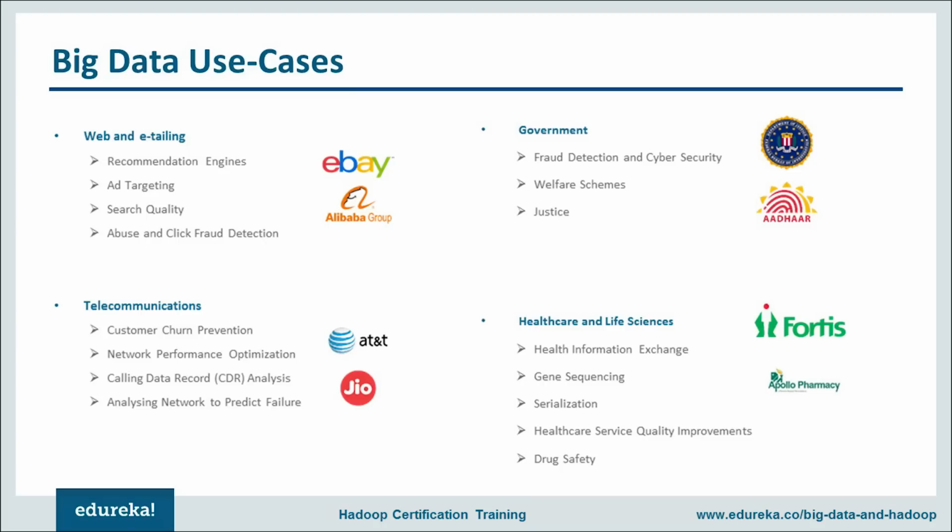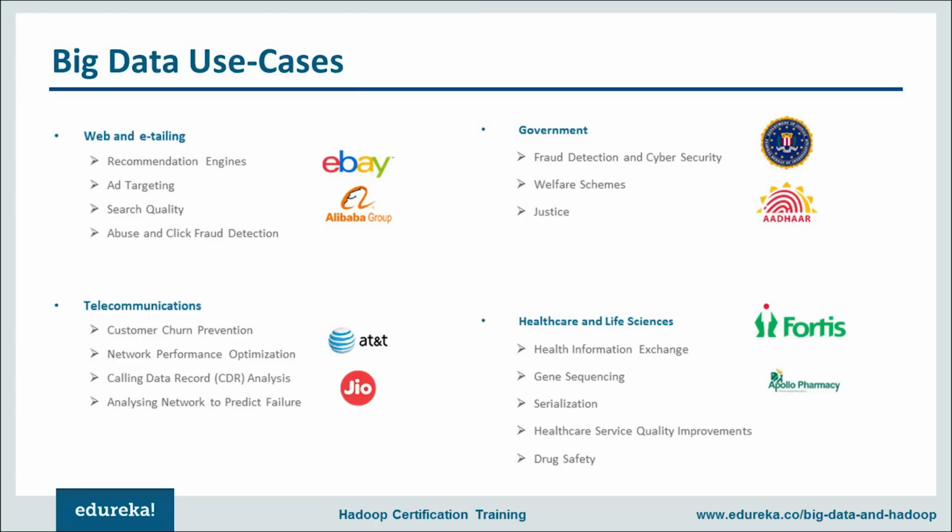You can use big data analytics in telecommunications also, to find out customer churn prevention, network performance optimization, and analyzing the network to predict failure, so you can prevent loss before the fault actually occurs. It's also widely used by governments for fraud detection and cybersecurity, and to introduce different welfare schemes.